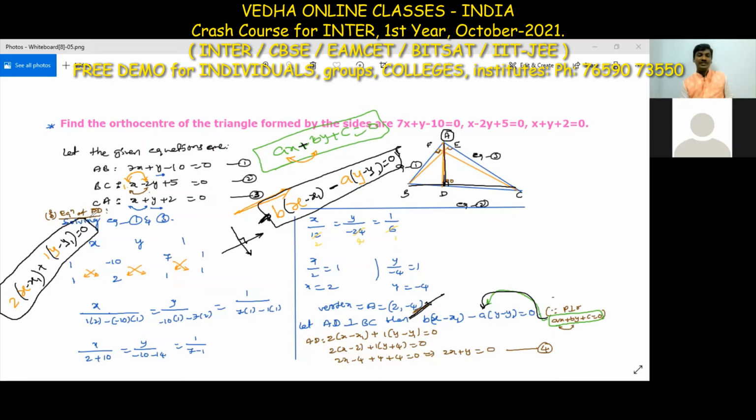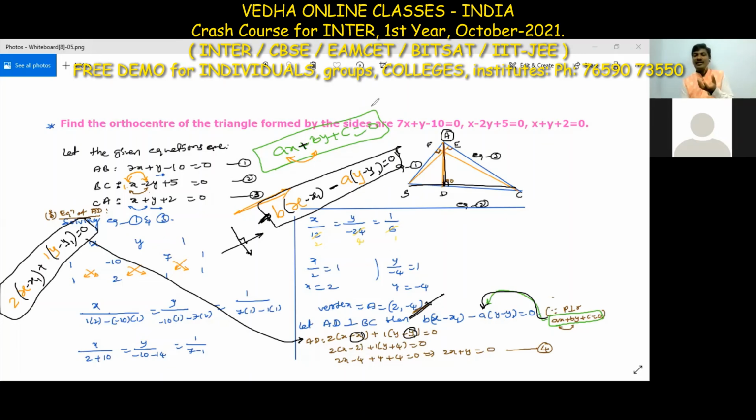Check this equation we have written for AD: 2 into x minus x1 plus 1 into y minus y1 equal to 0. Is it the same or not? Yes, we interchange the x coefficient and y coefficient, and subtract x1 and y1 from x and y.